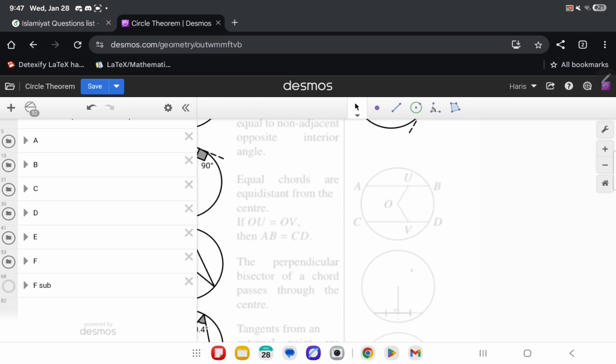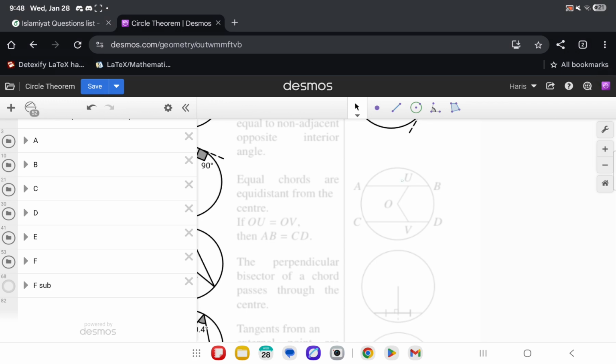And if we do the same for OV, if we draw a radius OY which intersects with CD, then the intersection will be at V, and so the segment OV will be the same. Why? Because it's the same distance.